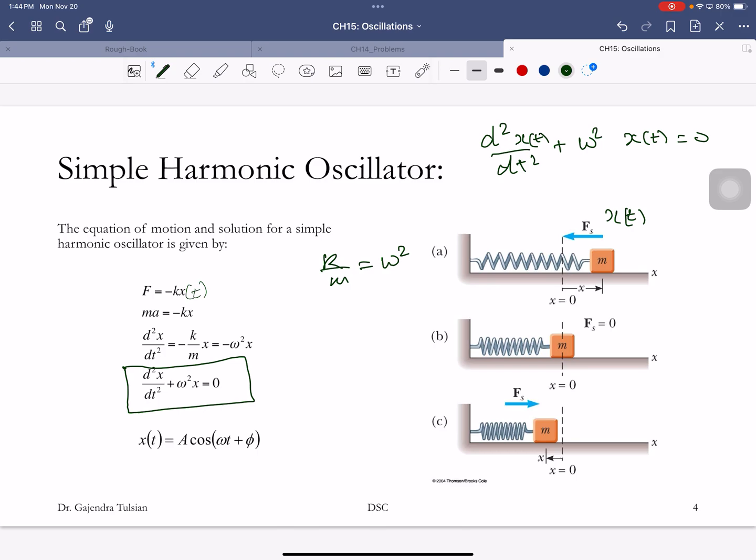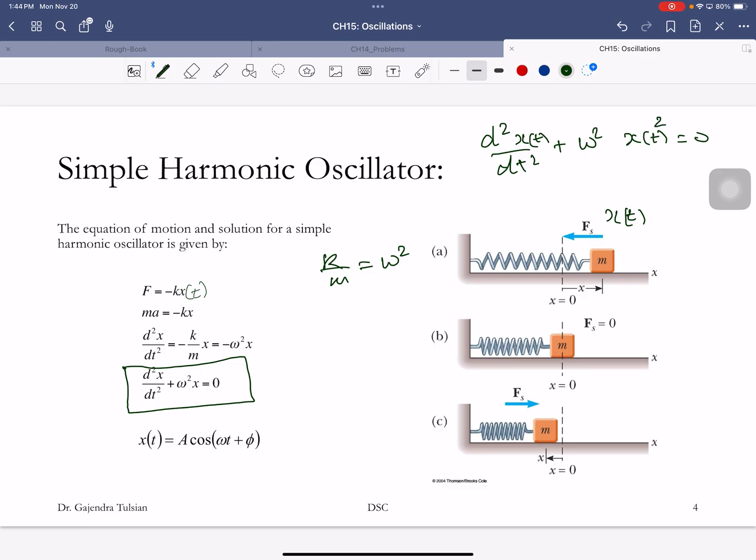How about this guy? What order differential equation is this? Third order differential equation. So that's a third order differential equation, and this is a second order differential equation.